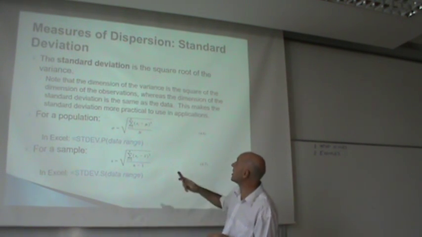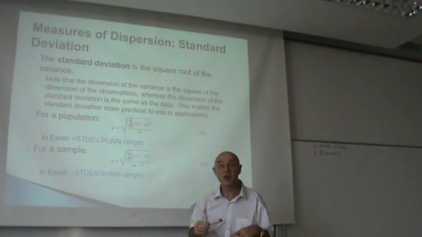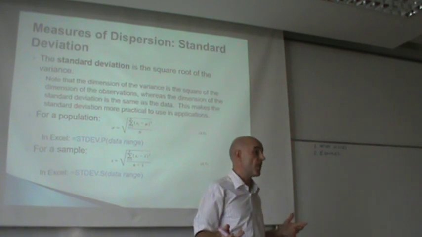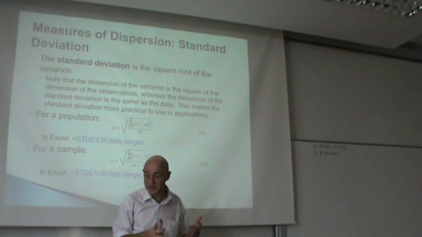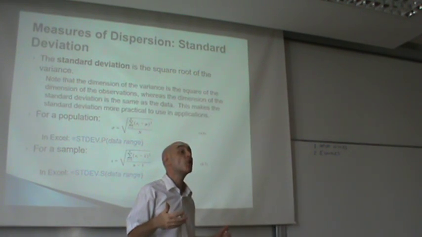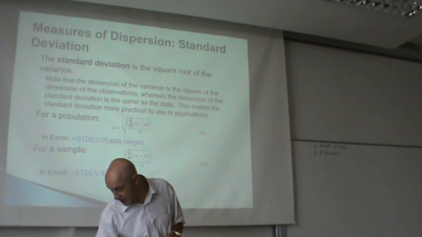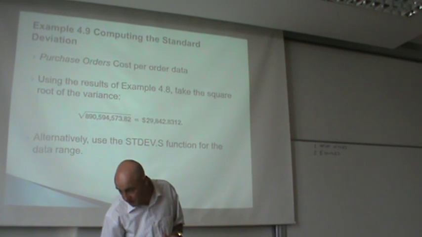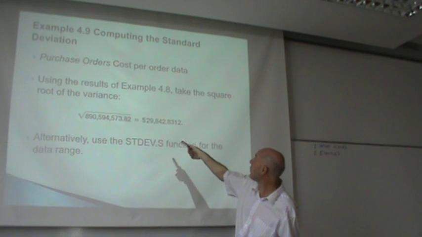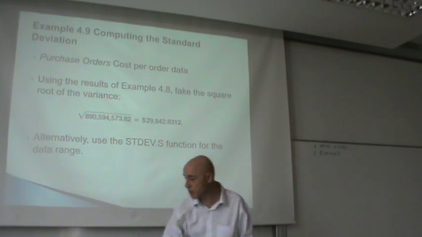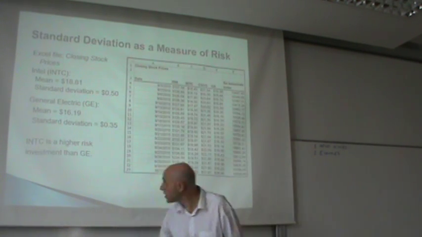And the standard deviation is the square root of the variance. And the standard deviation has some nice, good properties. Let's try and see what we have here. So, computing the standard deviation, they just give you what the formula is. You can use the formula, and here it is.